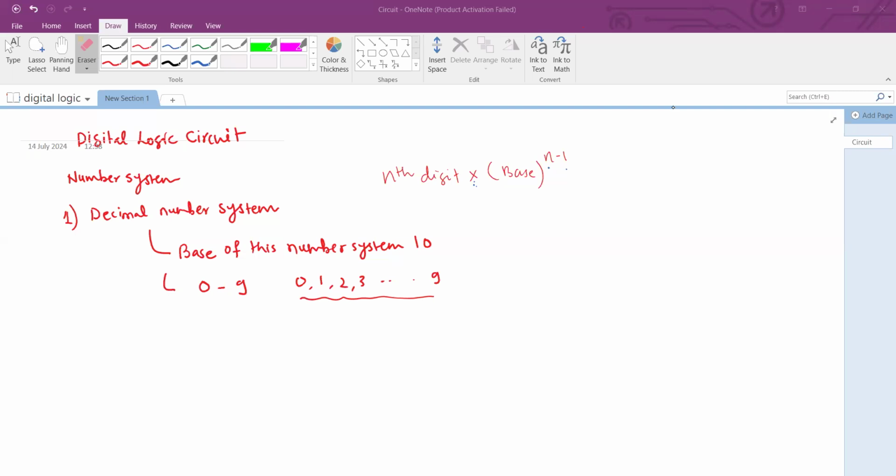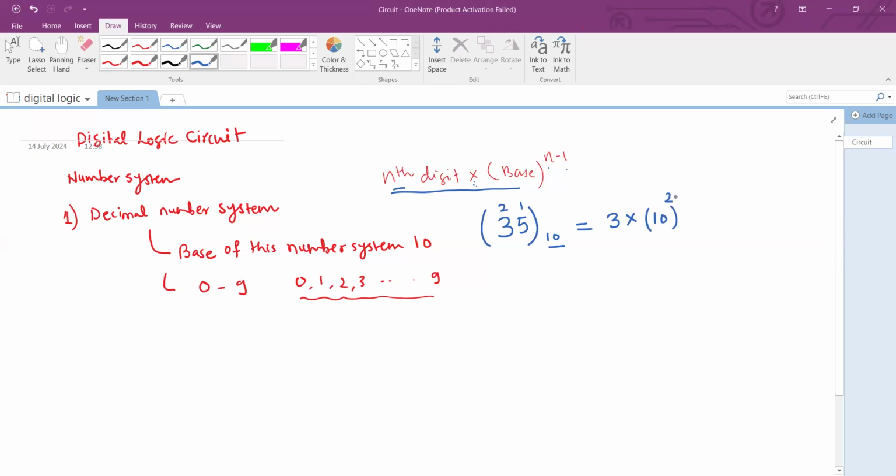Okay, so if I wish to find out the value of a number, for example, let's say I have this number 35 and it has a base of 10. So I will use this formula. The position of this digit is 1, the position of this digit is 2, and so on. So I have got 2 digits and the base is 10. So I will use this formula, nth digit. It will be the nth digit, 3, multiplied by, in brackets, base 10 to the power n minus 1.